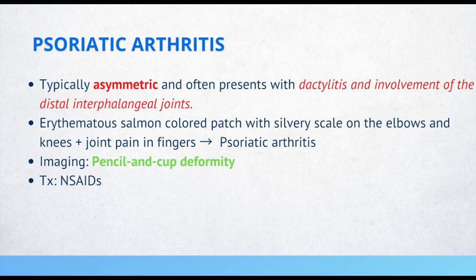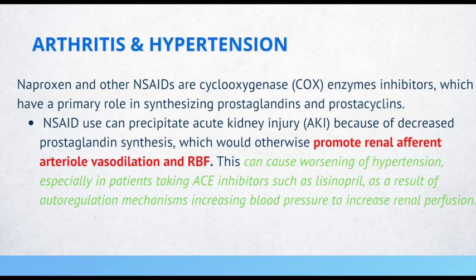Now let's discuss arthritis and hypertension. Naproxen and other NSAIDs are COX enzyme inhibitors, which have a primary role in synthesizing prostaglandins and prostacyclins. NSAID use can precipitate acute kidney injury because of decreased prostaglandin synthesis, which would otherwise promote renal afferent arteriolar vasodilation.